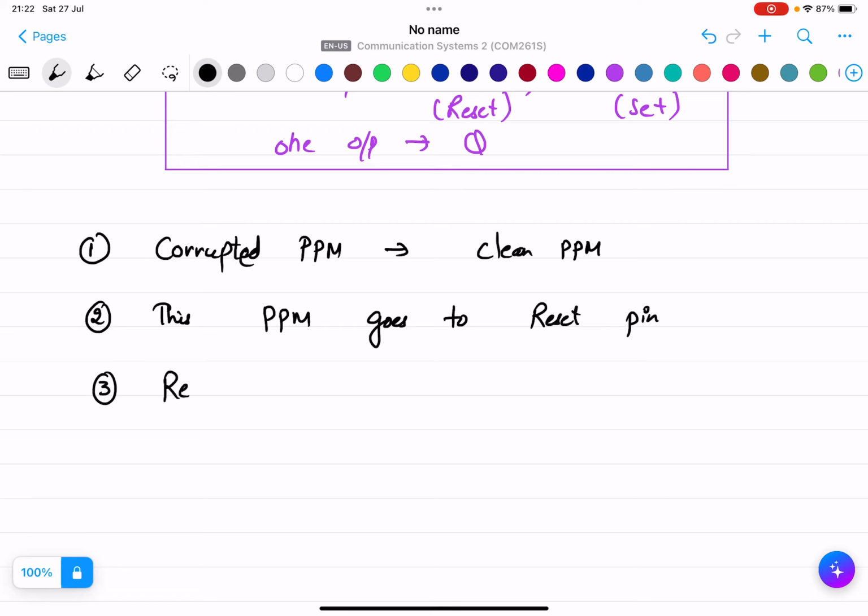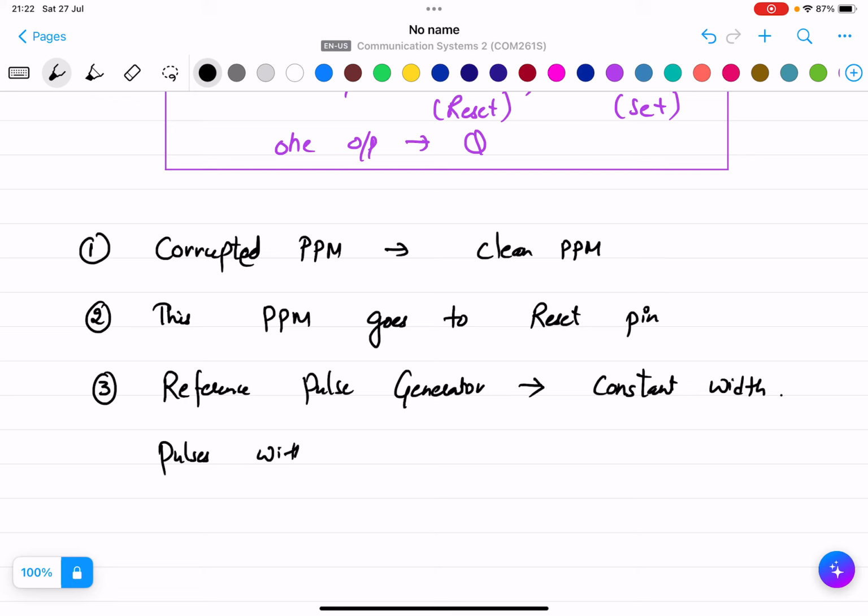And then what does the reference pulse generator do? It will create constant width and pulses with constant delay, which go to the set pin.